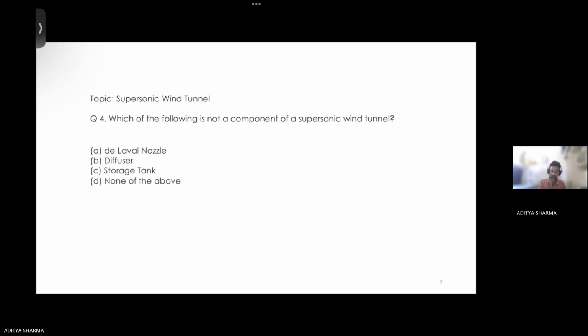And the storage tank is the reservoir I have mentioned in the schematic, which can be called a storage tank also. So there is no option that is not a component of the supersonic wind tunnel. So option B would be the correct option.